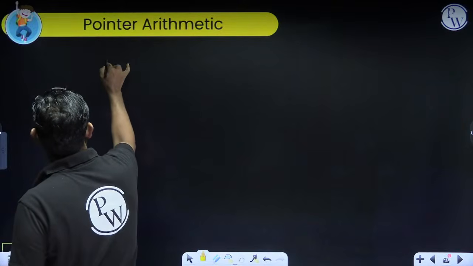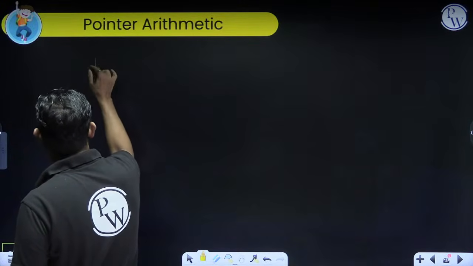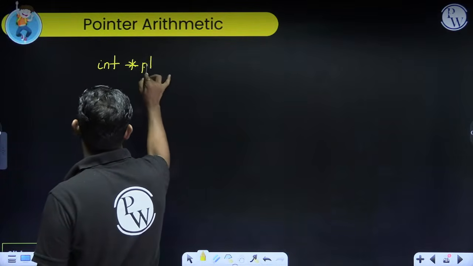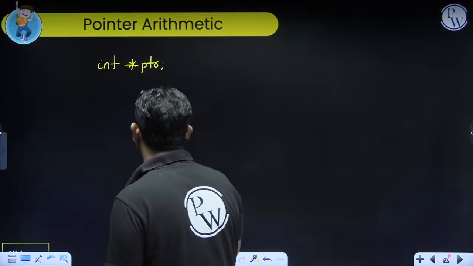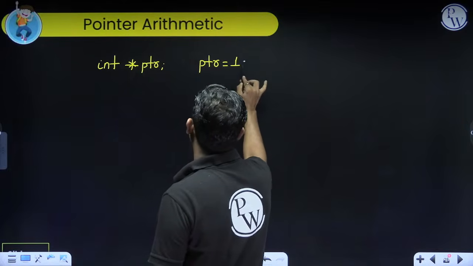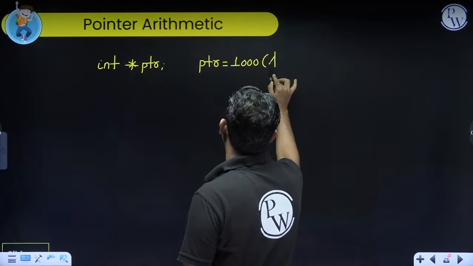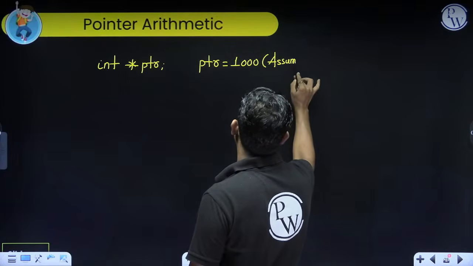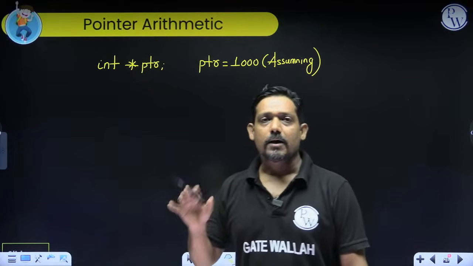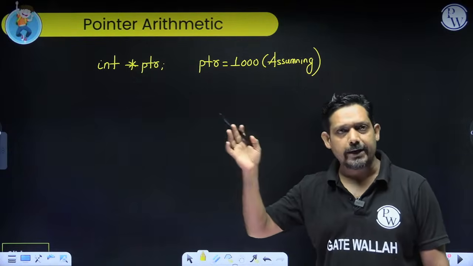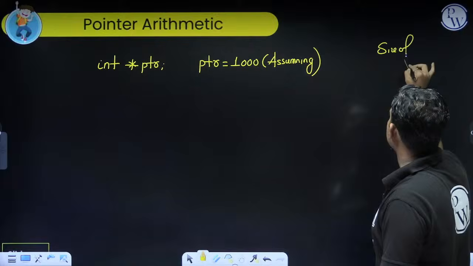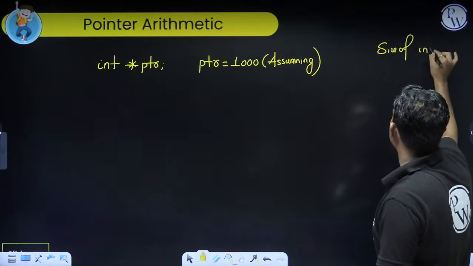Now suppose there is an integer pointer, and I assume that ptr is equal to 1000. I am assuming this value. I also need to assume one more thing: the size of an integer.